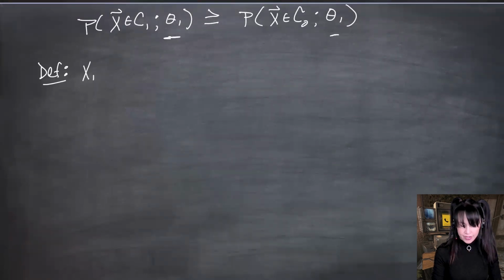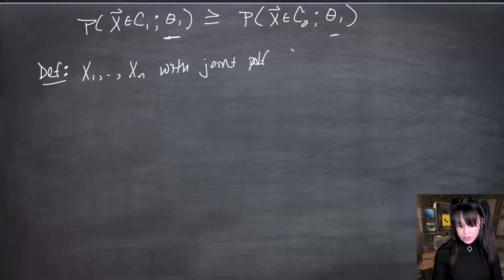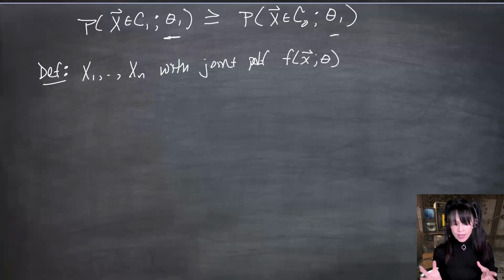So suppose I have X1 through Xn with a joint PDF, f of x and theta, and as usual, they're likely IID random variables. I want to define a best test.